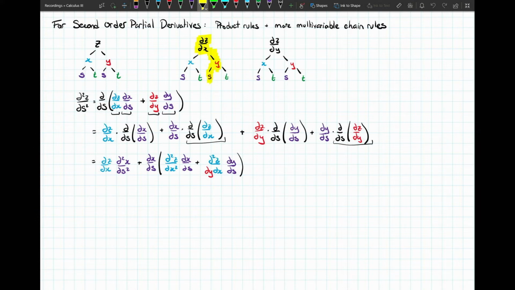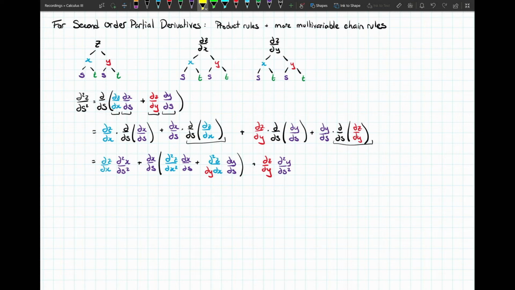And here's our del y by del s. There's our first of two chain rules that we have to do. Our next term, we're simply just taking the partial derivative of del y by del s with respect to s again. And that's going to be del squared y by del s squared. And then we have to look at this multivariable chain rule for our last term.